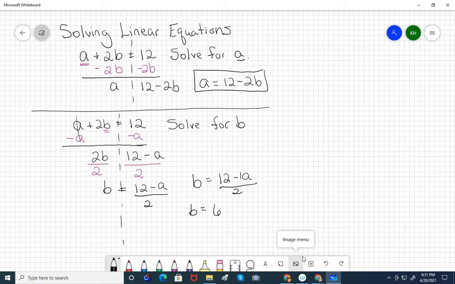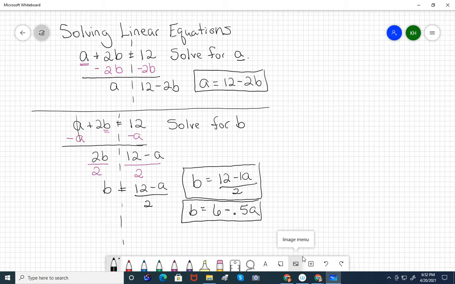Remember, this is 1a. 1 divided by 2 is 0.5a. I really like this answer better, 12 minus a over 2, but some people might prefer this answer. And if you were doing a multiple choice, you'd want to be able to solve it either way.